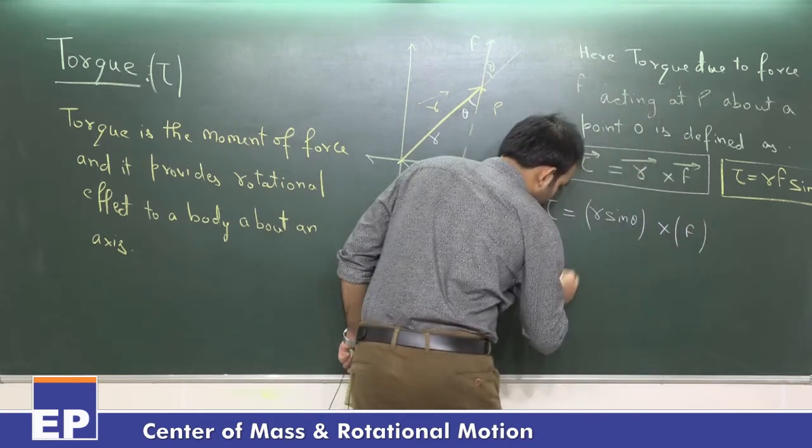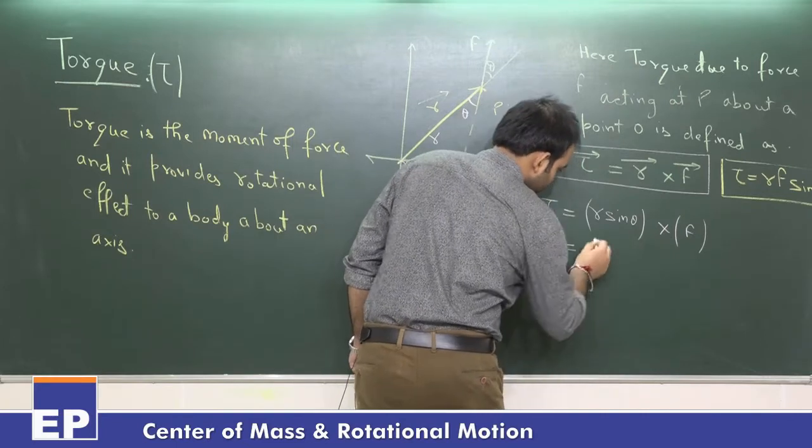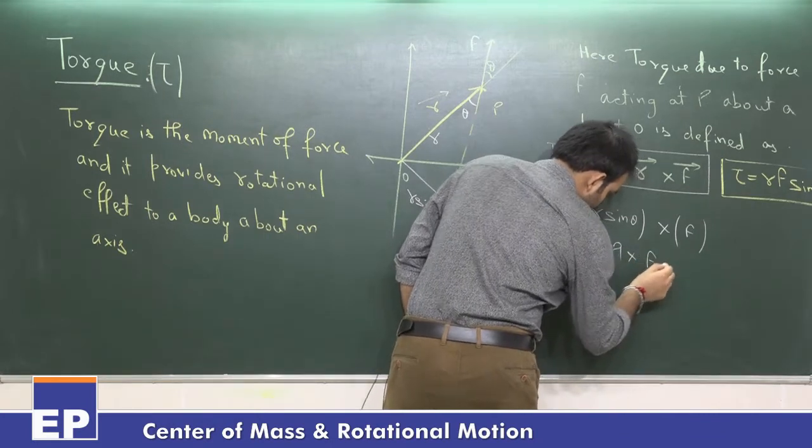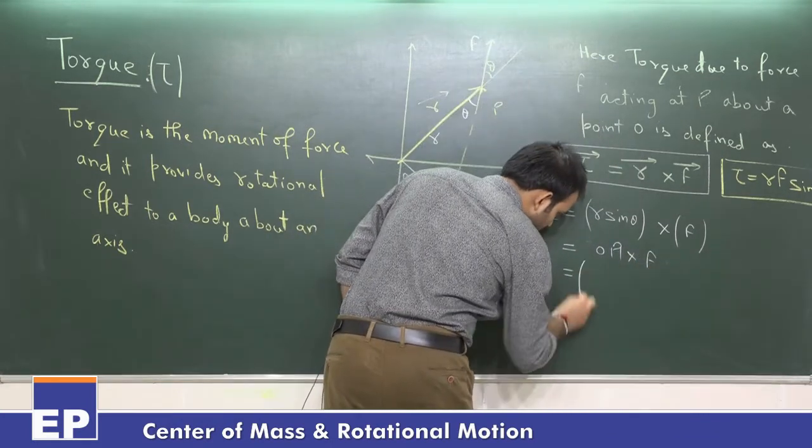People say that R sin theta is OP sin theta, that is OA. What is OA? People call it the lever arm.